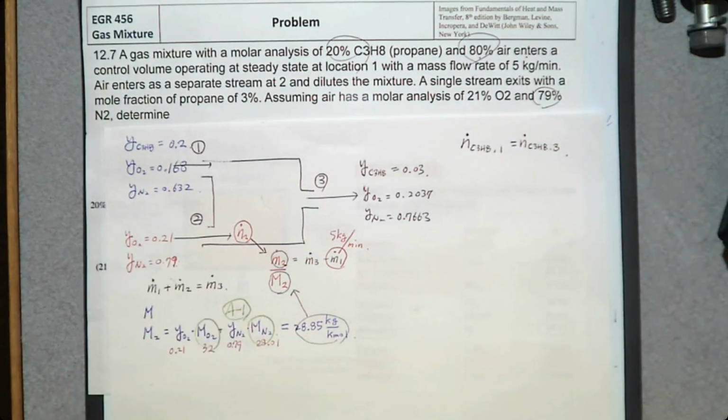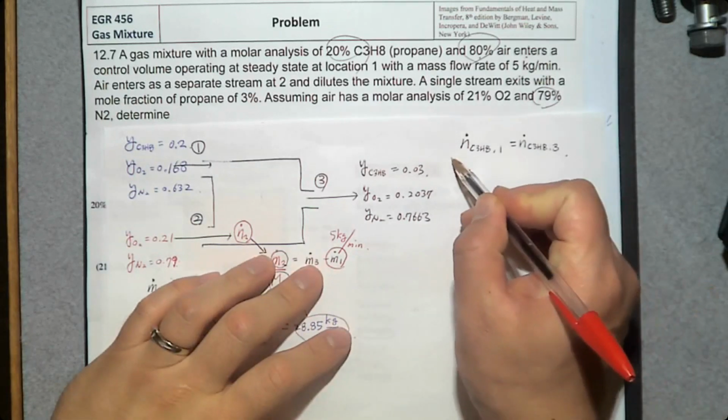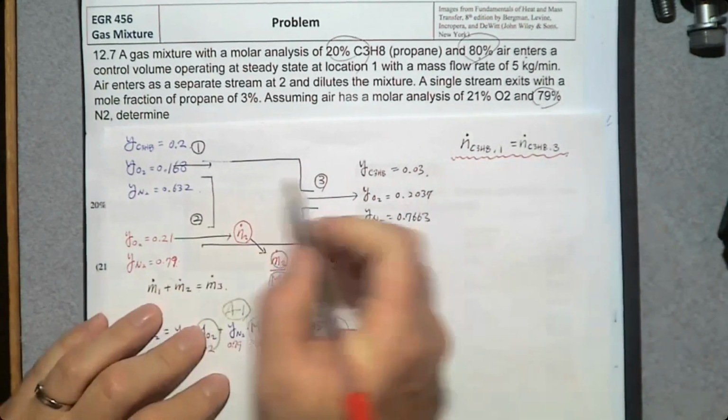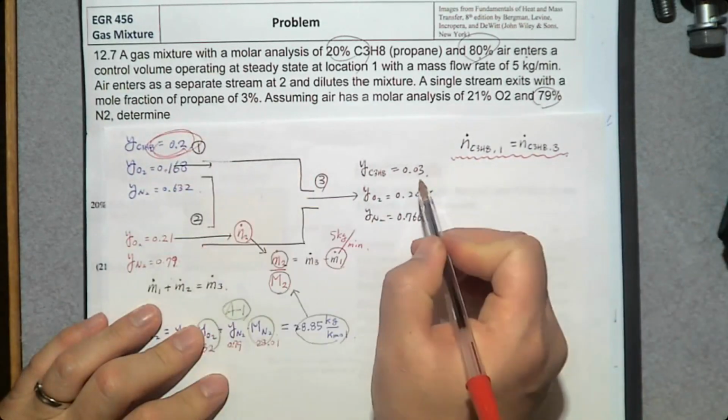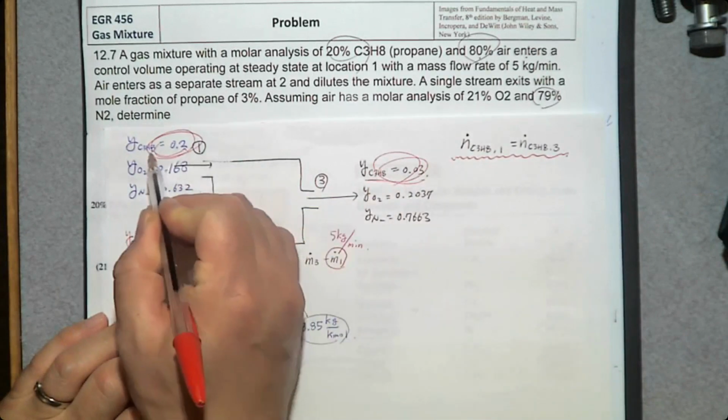Because the number of moles of propane is constant unless there is chemical reaction, and there is no reaction. So the number of propane molecules should be the same as the number of propane molecules at the exit. So this is molar flow rate at the inlet and the exit in terms of propane.